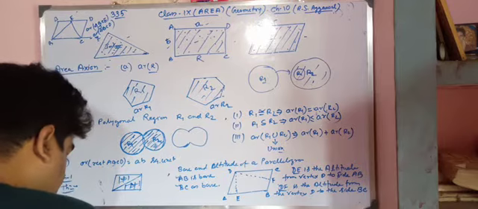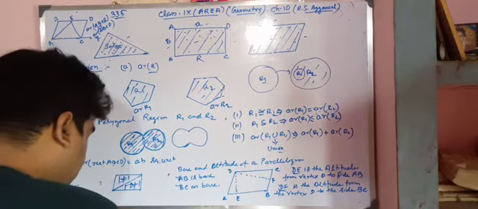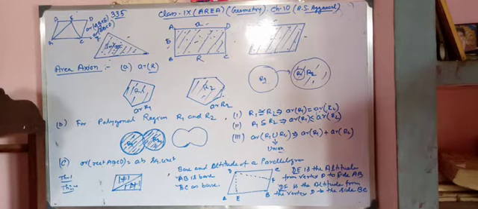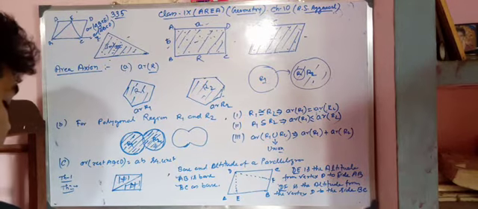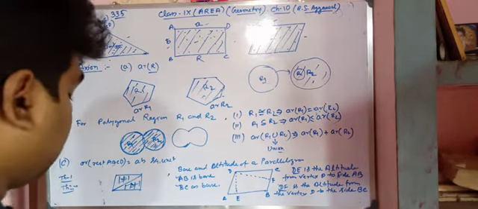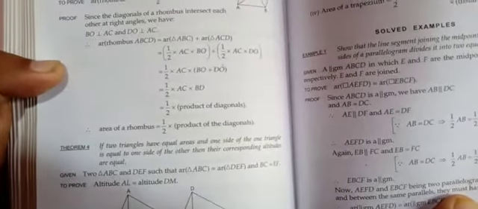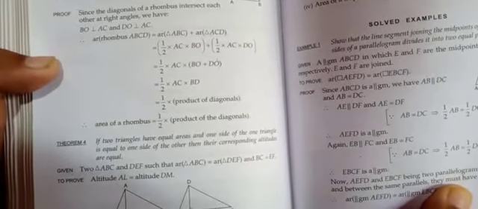Some results are given at a glance. And this is the last theorem, that if two triangles have equal areas and one side equal.